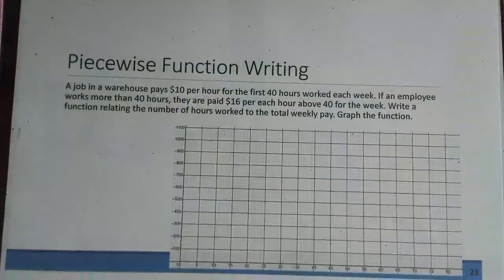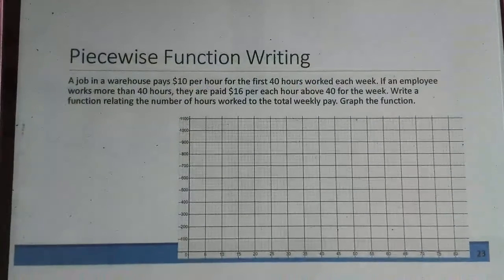This one's different than the PowerPoint I had originally posted, but I like this problem better. A job in a warehouse pays $10 per hour for the first 40 hours worked each week. If an employee works more than 40 hours, they are paid $16 per each hour above 40 for the week. Write a function relating the number of hours worked to the total weekly pay and graph the function.